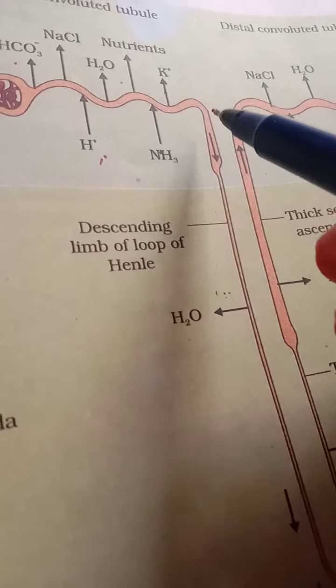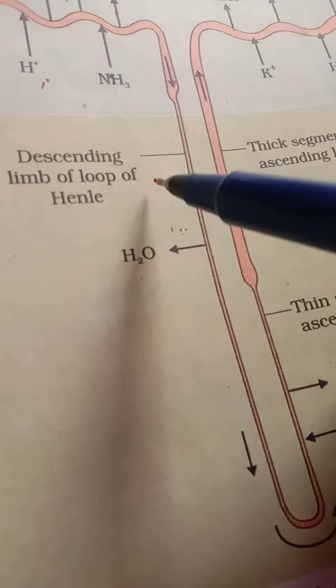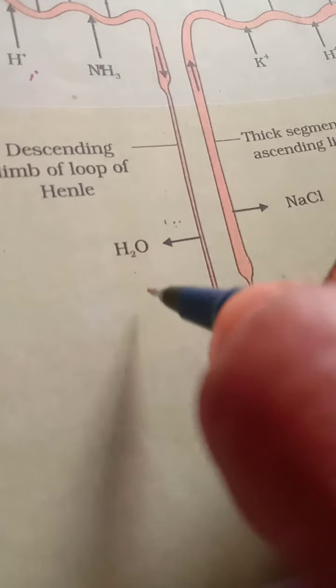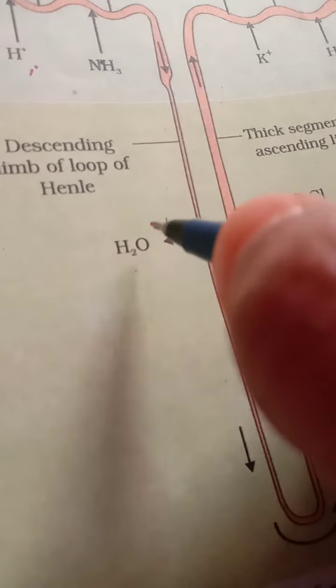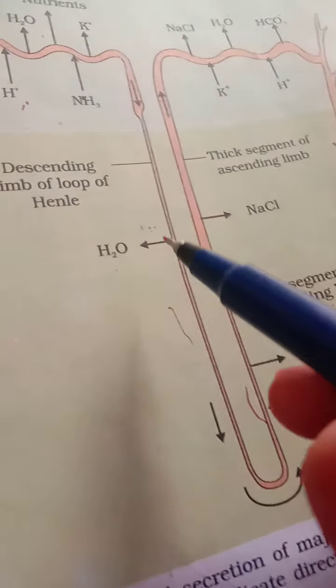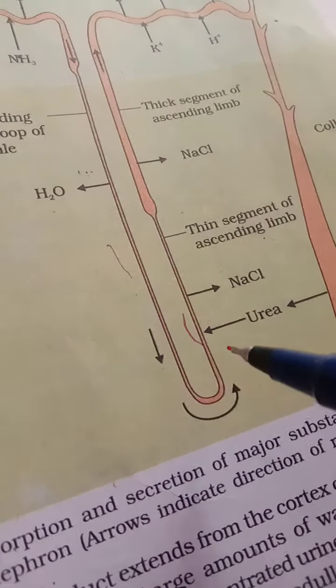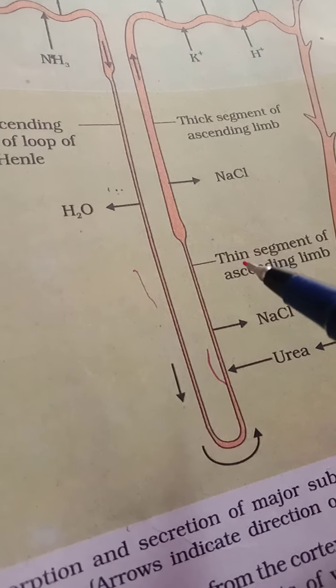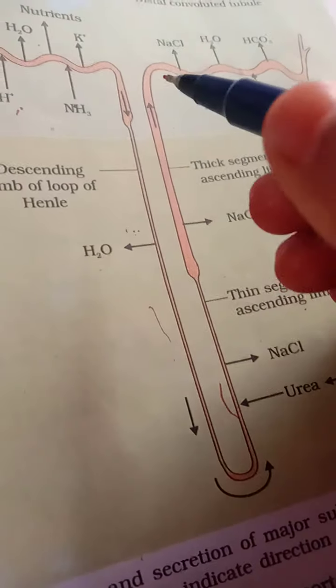Now the descending limb of loop of Henle is permeable to water and impermeable to electrolytes. Now the ascending limb is permeable to sodium, means electrolytes, and impermeable to water.